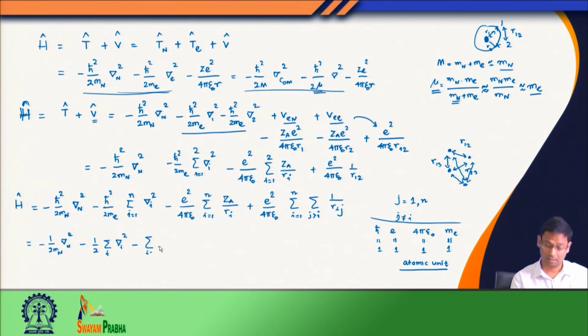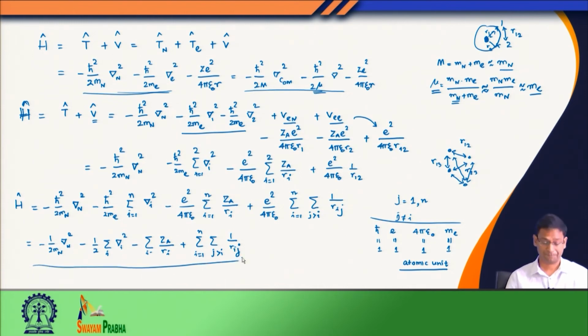So I have a summation over i of Z A divided by R i, plus, as e square and 4 pi epsilon 0 are gone in atomic units, I have i equals 1 to n, j greater than i, 1 over R i j. So my Hamiltonian becomes much simpler in atomic units, where h bar, e, 4 pi epsilon 0, and m e are all defined as 1, so that the Hamiltonian becomes simple.